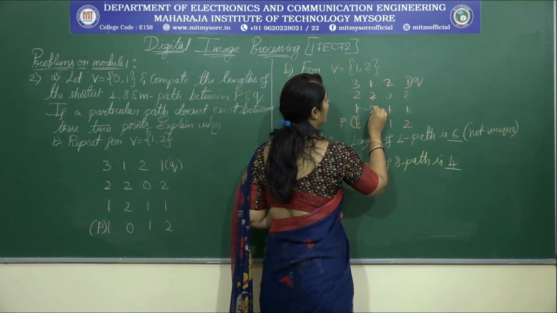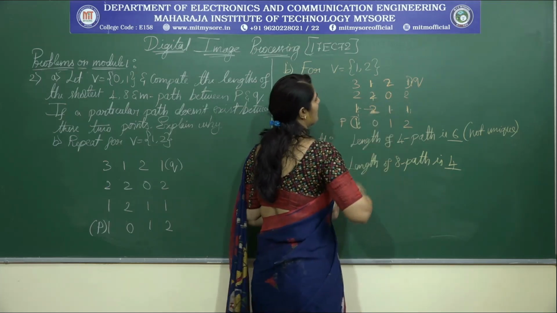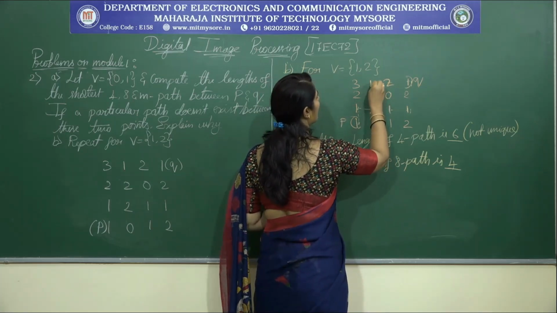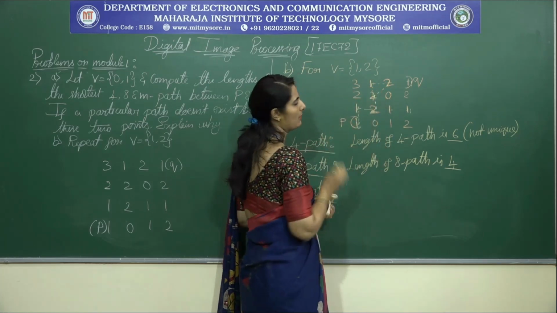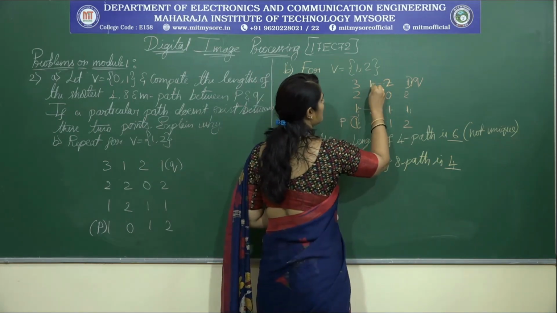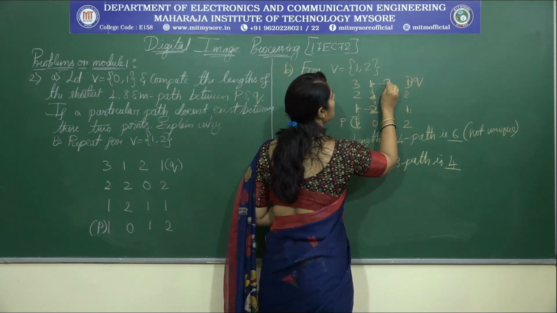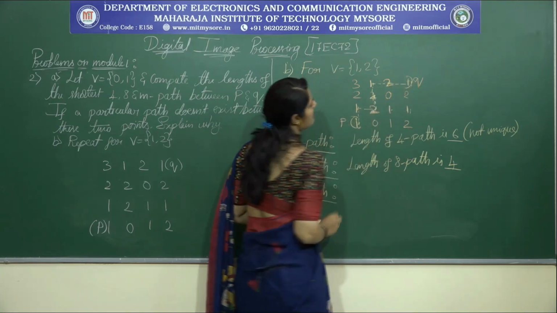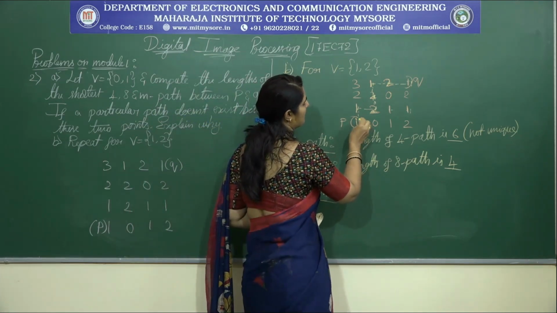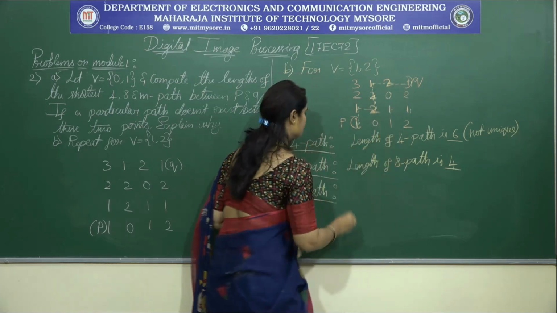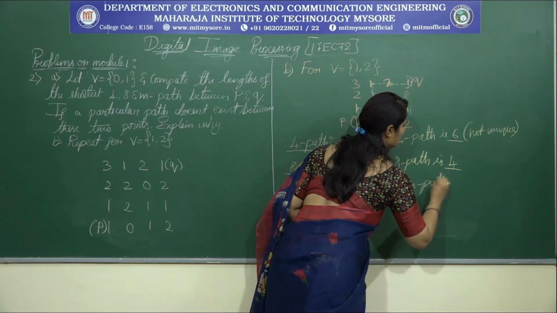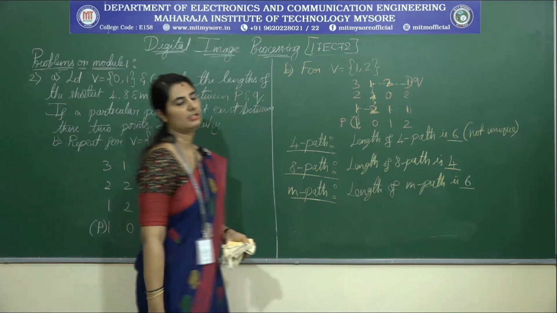Therefore I'll choose this path, and again from this point I can choose this 4 path, and again from 2 to 2 here also I can have 2 paths, but whenever you have ambiguities then you are not supposed to use diagonal paths in M path case. So this is the path, and between 1 and 2 and 2 to 1. So this will be your M path. The length of this M path is 1, 2, 3, 4, 5, 6. It is 6, right.